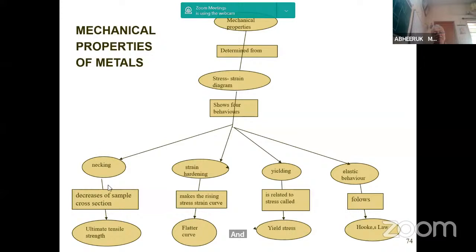What is this one? This is a concept, this is a concept. What is this? Can anybody tell what this is?